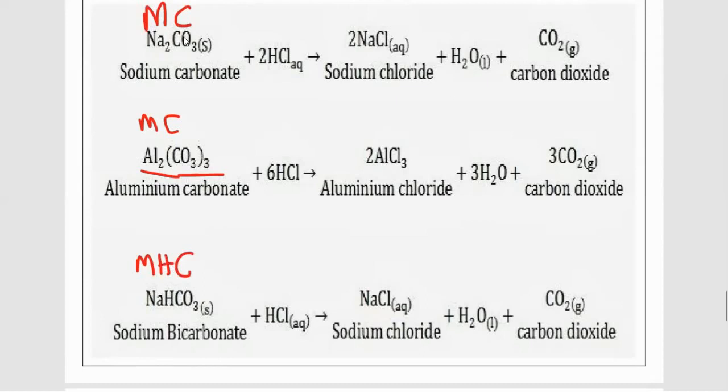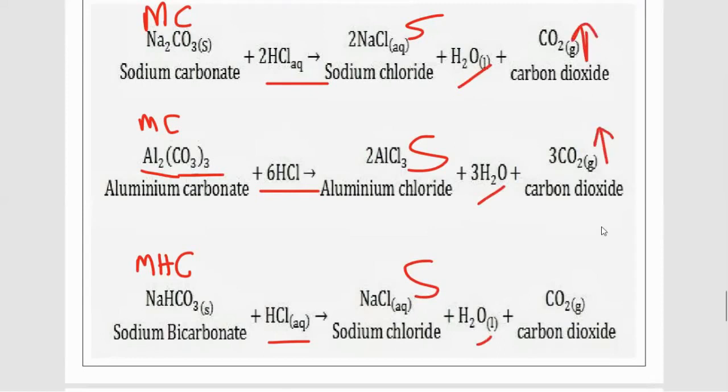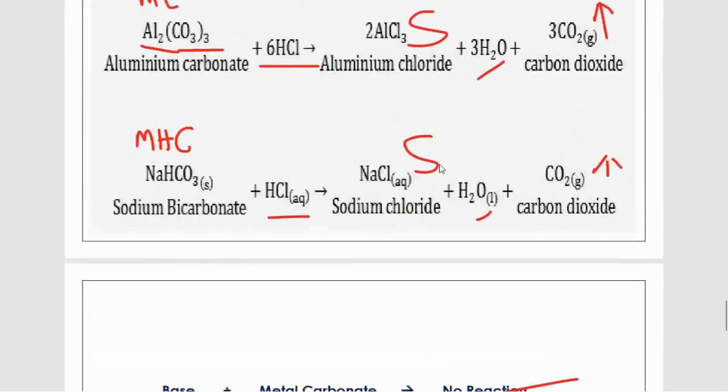So either metal carbonate or metal hydrogen carbonate, when reacting with acids like HCl, gives salt. NaCl is salt, AlCl3 is salt, NaCl is salt. Water is produced. At the same time, carbon dioxide gas is released.